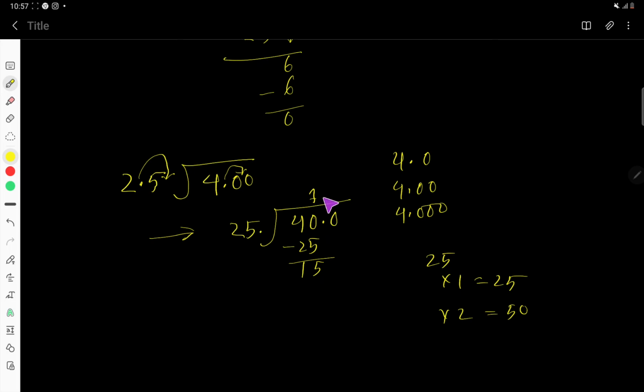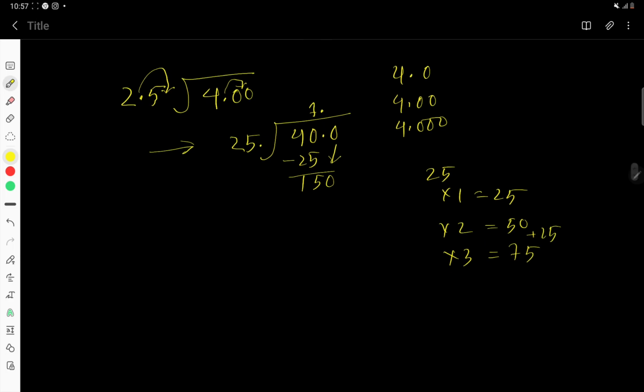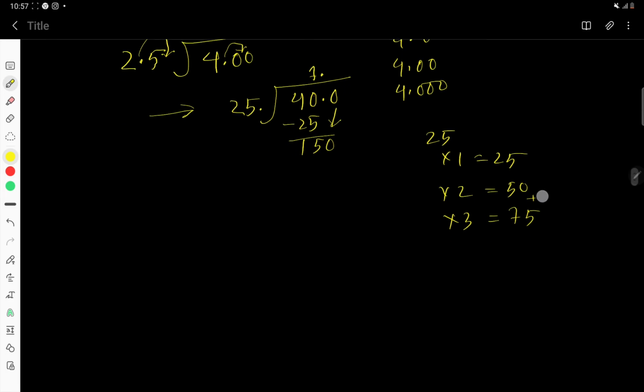Then look, you have a decimal point. The decimal point will go directly over the quotient, and you need to look at the lining up, right? Then you have 0, 0, right? 25 goes into 150 how many times? Look, 3 times means 75. Just add 25, then you will get 75.